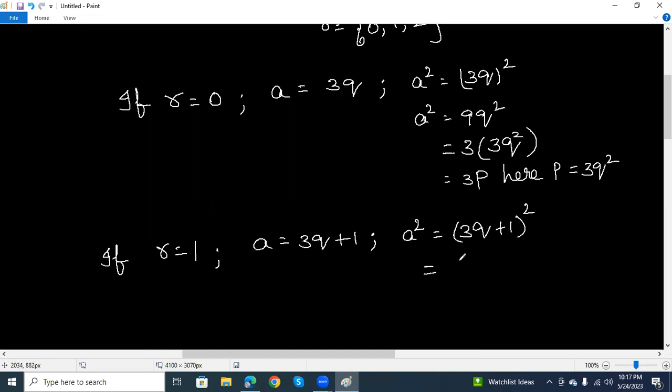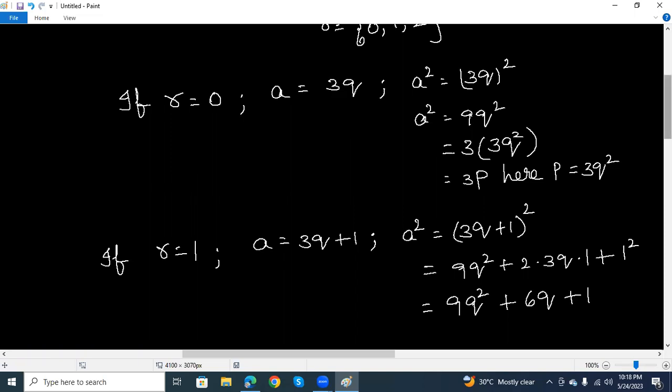Expand: a square, 3q whole square, that means 9q square, plus 2ab, 2 into 3q into 1, plus b square, 1 square. So 9q square plus 6q plus 1.